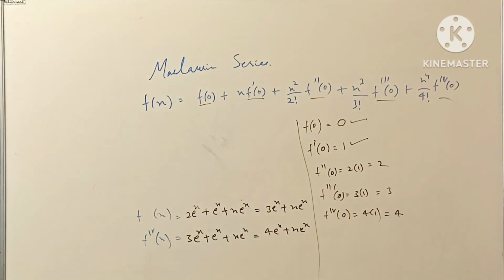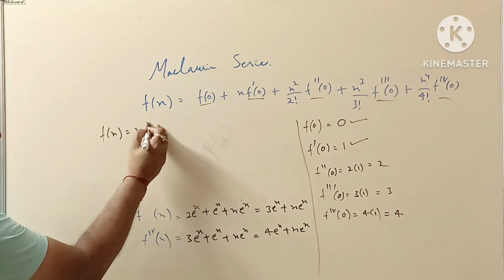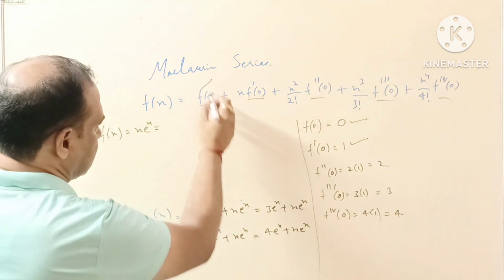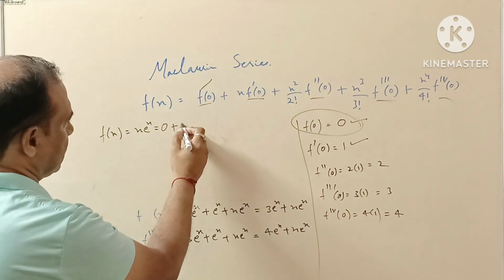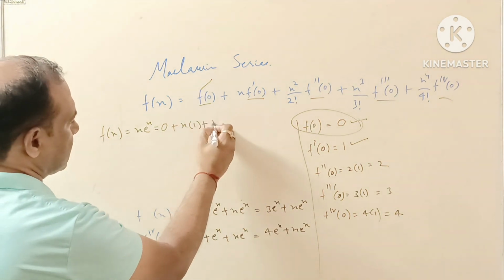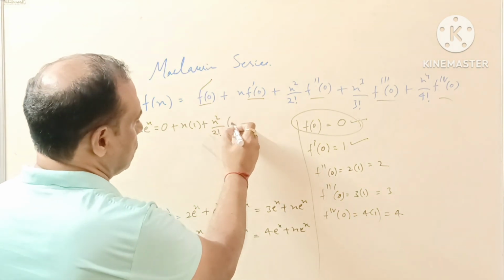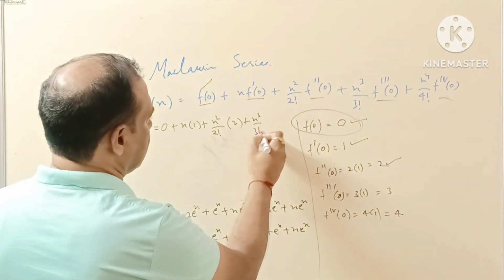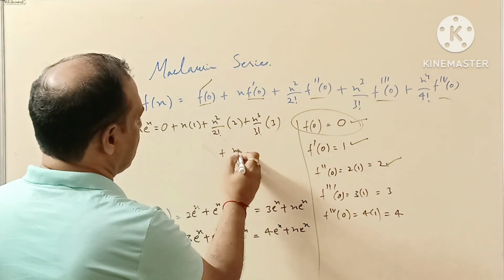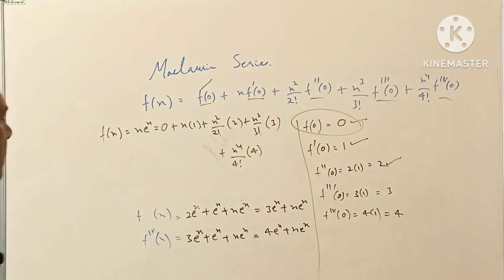Here f(x) equals x times e raised to power x, which now equals f(0), which is 0, plus x f'(0), which gives x times 1, plus x squared over 2 factorial, which gives 2 here, for next, x cubed over 3 factorial, which gives 3, and for the fourth point x to the power 4 over 4 factorial, and here this will be 4.